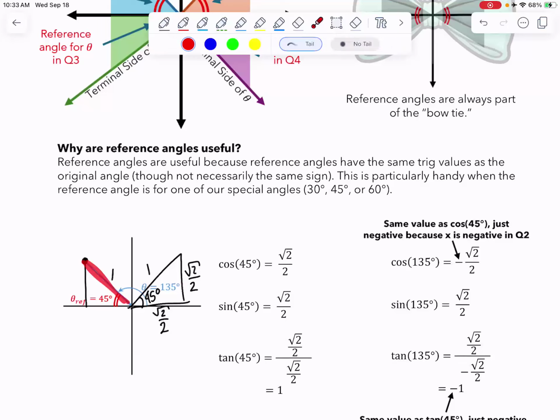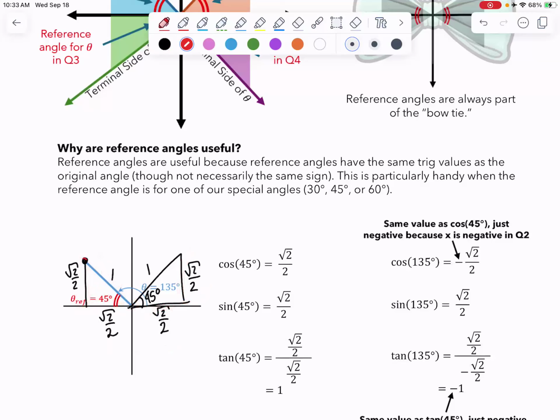Here, if we still made the hypotenuse 1, and this is a 45-degree angle, the length of this side and this side have to be the same as over here. They have to be, because it has the same angle measures and we already know one of the sides. So they have to be the same triangle. So we know that this side length is root 2 over 2, and this side length is root 2 over 2.